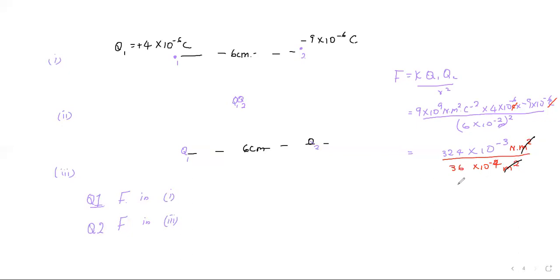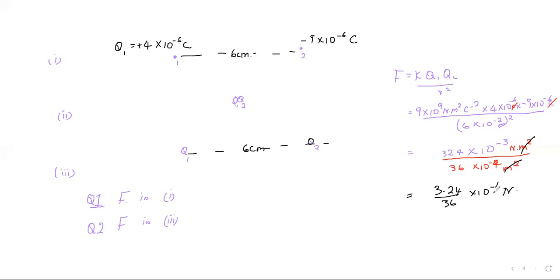Now 10 to the power negative 3 divided by 10 to the power of negative 4. This will give us 324 divided by 36 times 10 to the power minus 1 Newton.